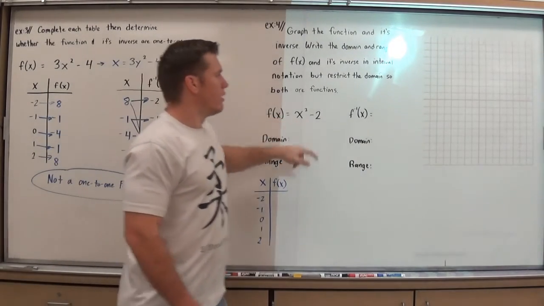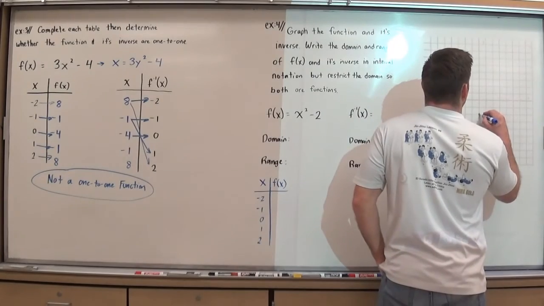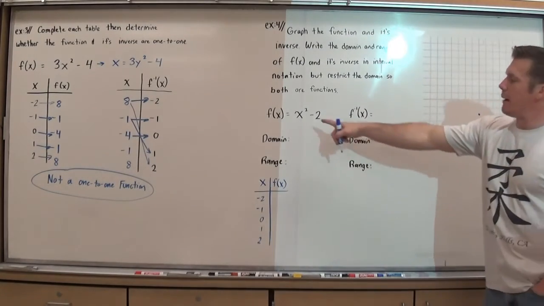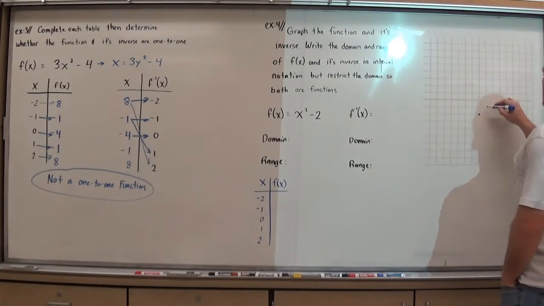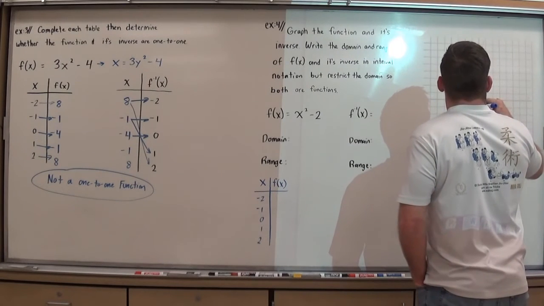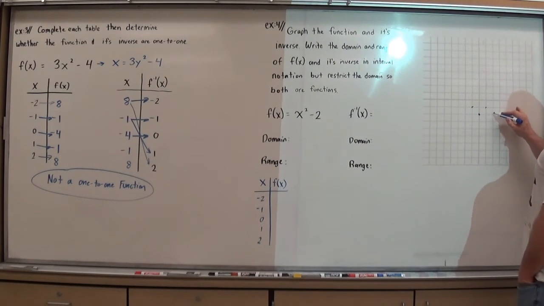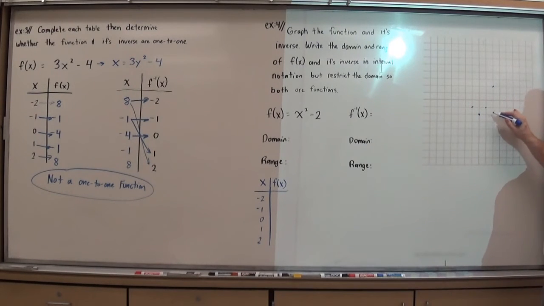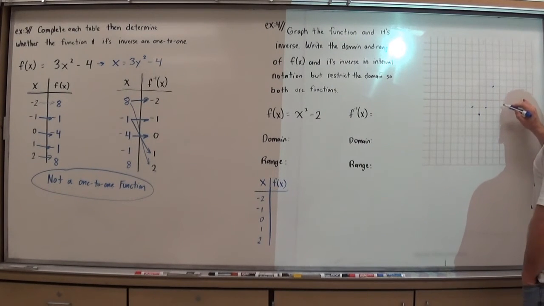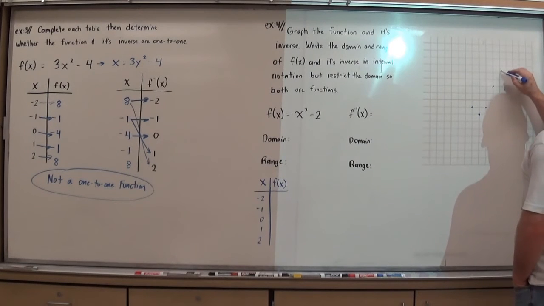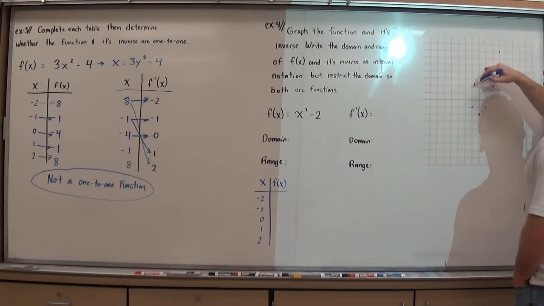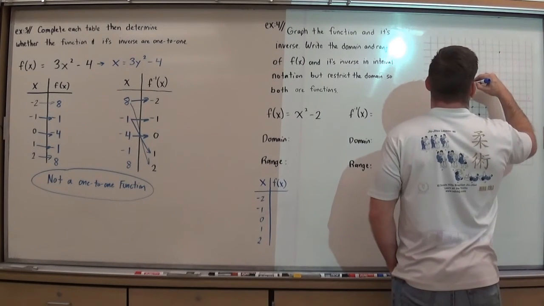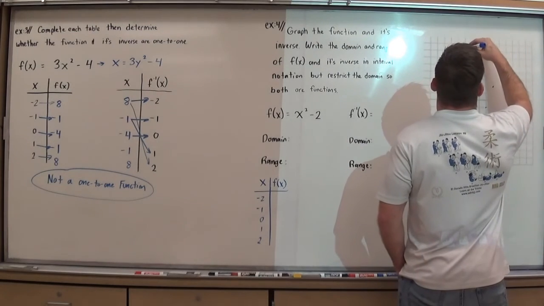It's a parabola, y-intercept's negative 2, and I know that all parabolas that are x squared only are right 1, up 1, right 2 from the vertex, up 2 squared, which is 4, and right 3 and up 9. So I have some shortcuts for graphing parabolas that I use.